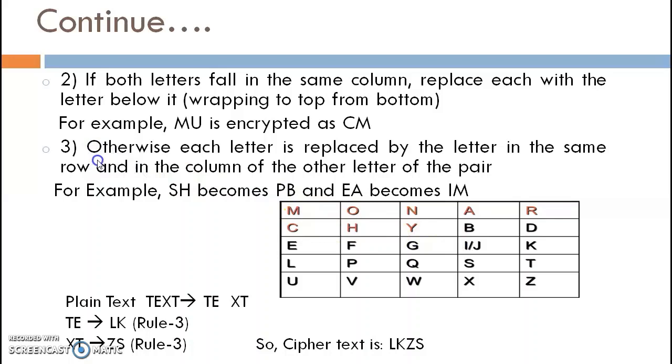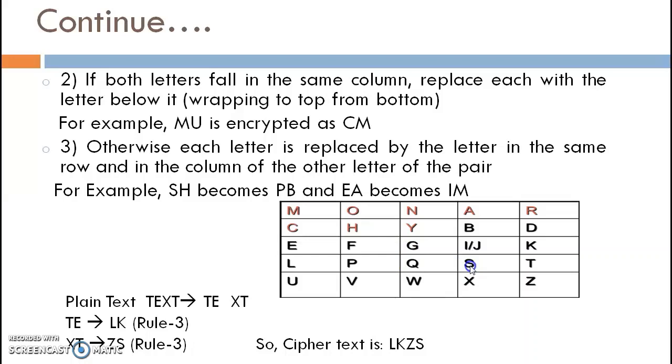If the first and second rules are not satisfied, then each letter is replaced by the letter in the same row and in the column of the other letter of the pair. For example, SH. Here S and H are not in the same row and not in the same column.